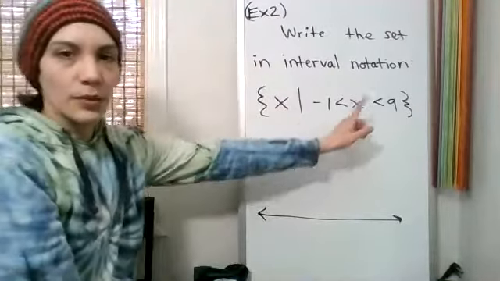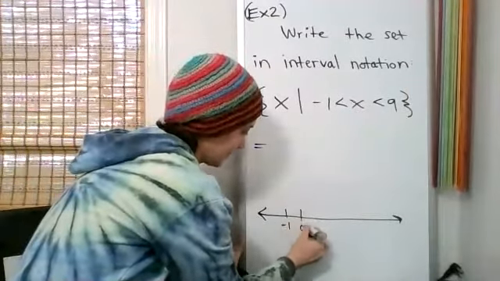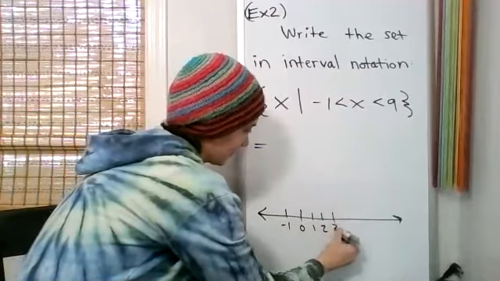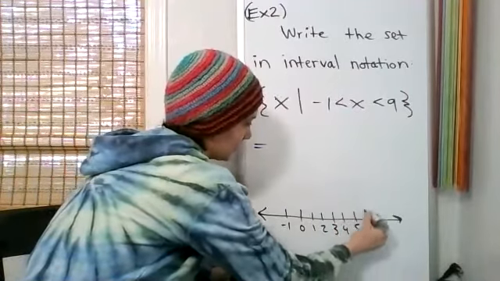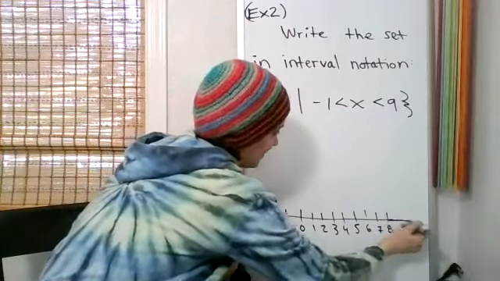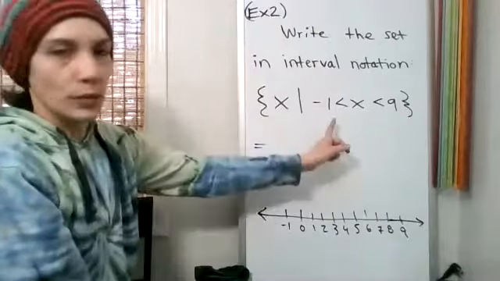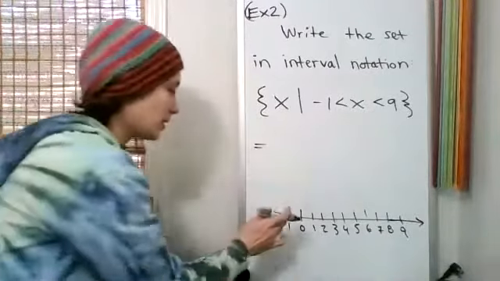We're going to mark -1 and 9. Don't include either of the numbers, so I'll start with an open circle.